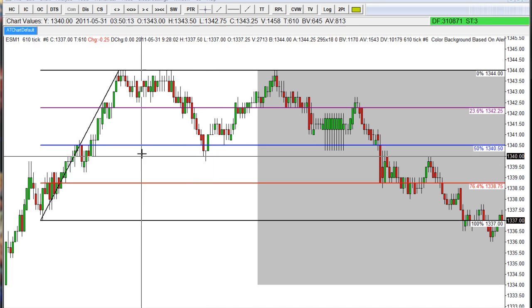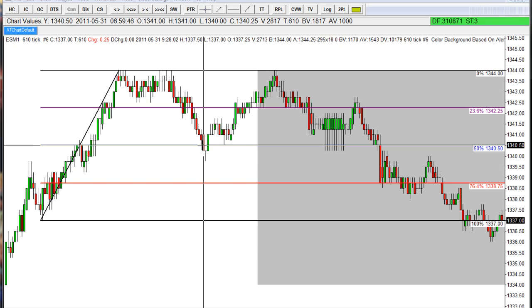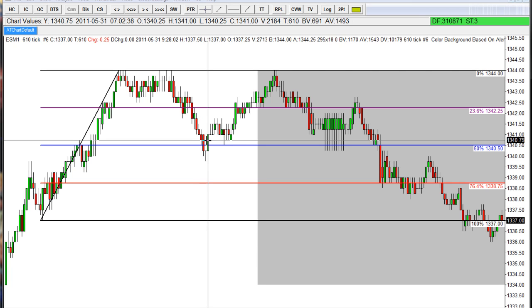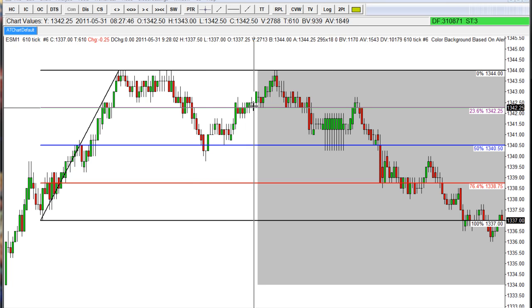Okay, so my entry in this case, since we're in an up move, I'm gonna place a limit buy order at 1340.75. Okay, and now the 23.6% level is the first target, or the absolute target, so to speak, if you're not gonna scale out of your trade.